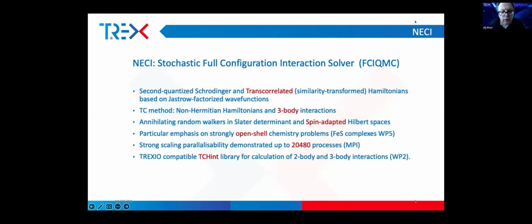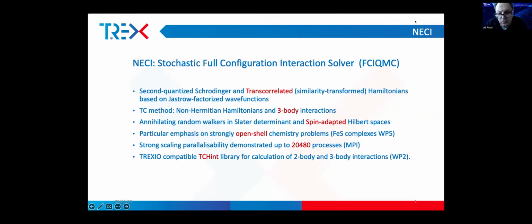One of the aspects of full CI quantum Monte Carlo is that it propagates walkers that are signed, so positive and negative walkers, and these occasionally encounter and annihilate each other, so that you don't actually need to introduce fixed node approximations within the QMC sampling.